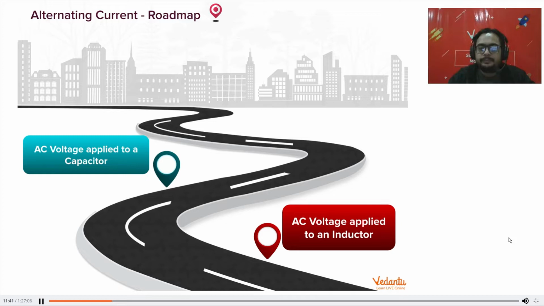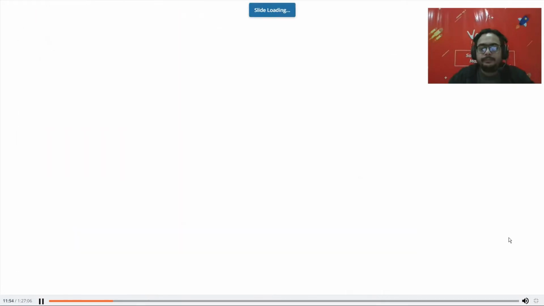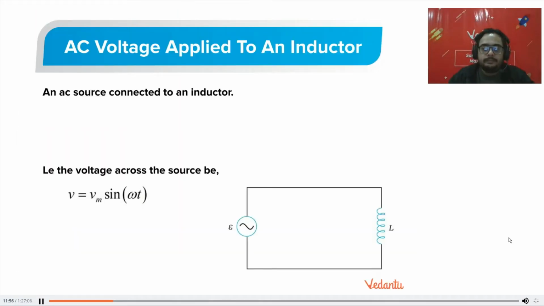Chalo. It stores magnetic energy. It also behaves like a battery, and the EMF induced is minus L di by dt. I hope you remember it. Okay, so let us see. Suppose I have an inductor L and I am applying a voltage V, where voltage V is a function of time.